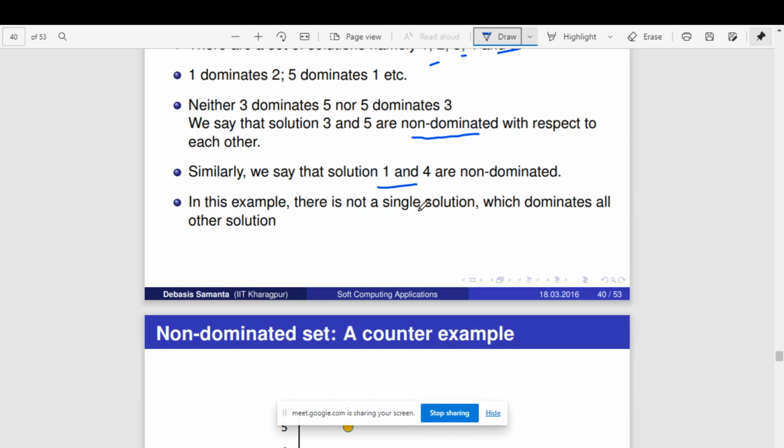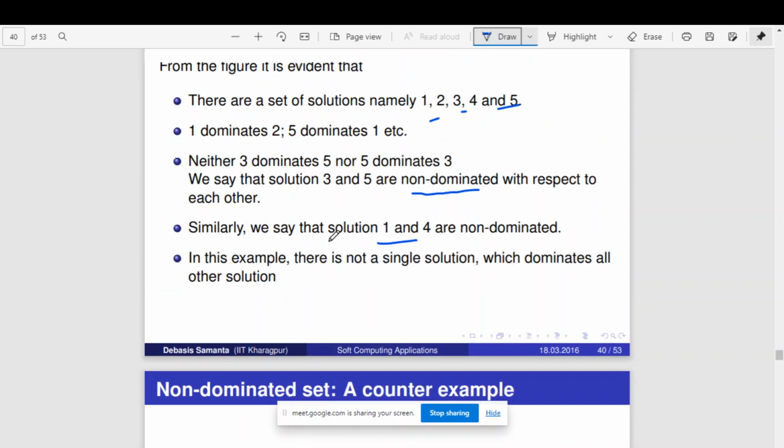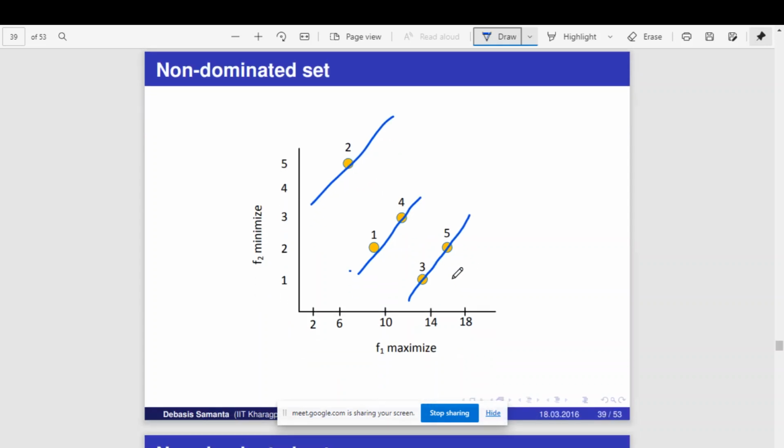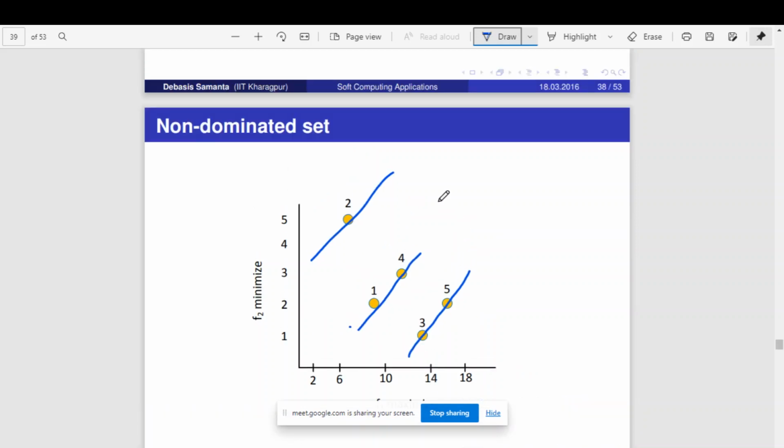So in this example, there is not a single solution which dominates all other solutions. Is there a solution here which dominates every other solution? Is the question clear? All these are solutions, 1, 2, 3, 4, 5. Could you identify one solution which is dominating all others out of this set?